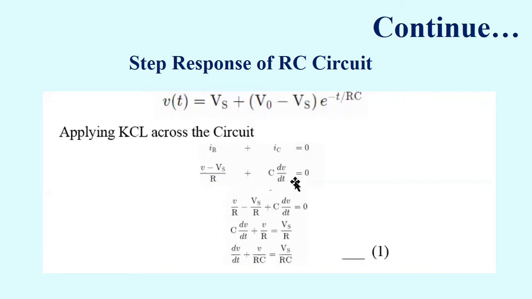After this, we will simplify this equation and take this negative term to the right side of the equation, and then take the coefficient of dV by dt to the downside of the equation. So this is the overall equation which we are going to use for the step response analysis of the RC circuit.